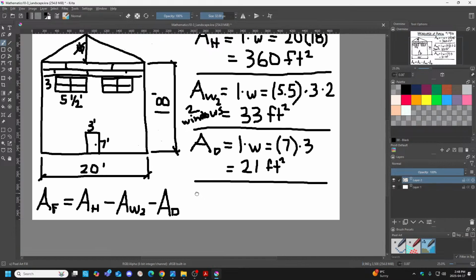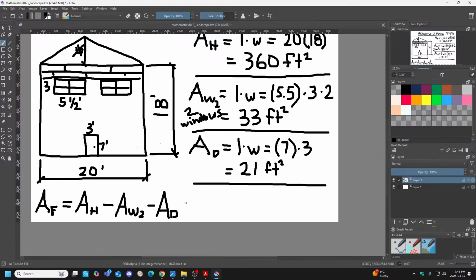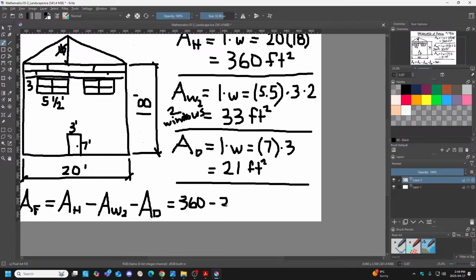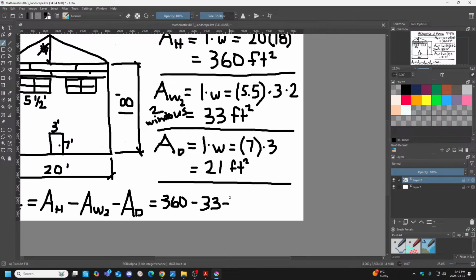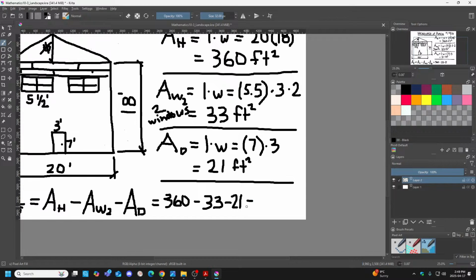So we get 360 subtract 33 subtract 21, because it has to be removed. It can't be part of the final answer. 360 minus 33 minus 21, I get 306.